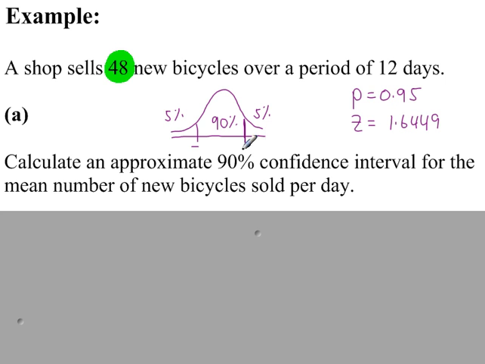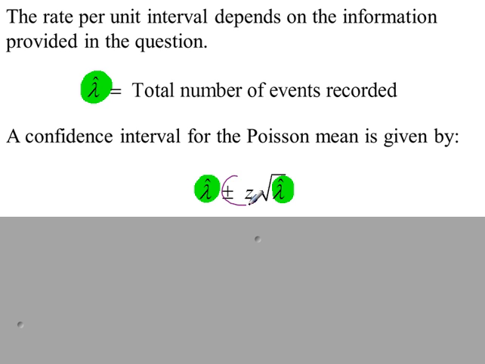And because we have a negative and a positive z value, it's plus or minus 1.6449, which goes into the formula here. So now we have everything to calculate our 90% confidence interval.